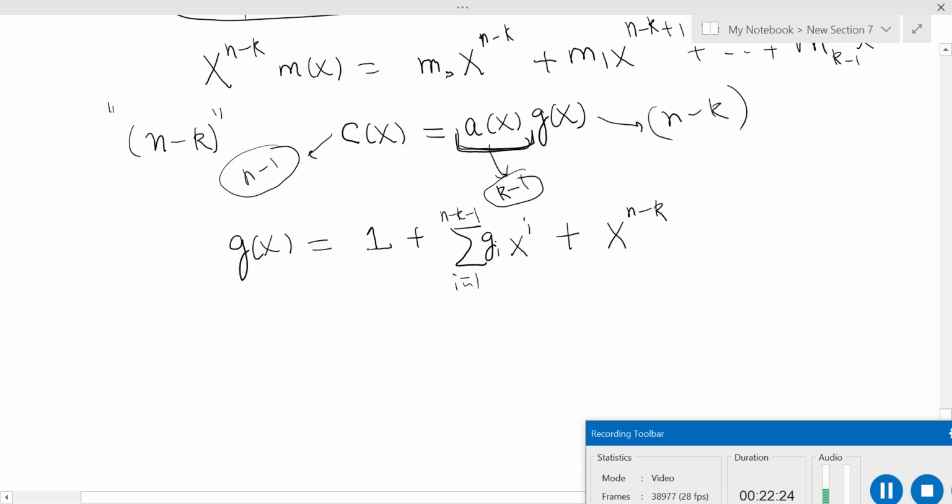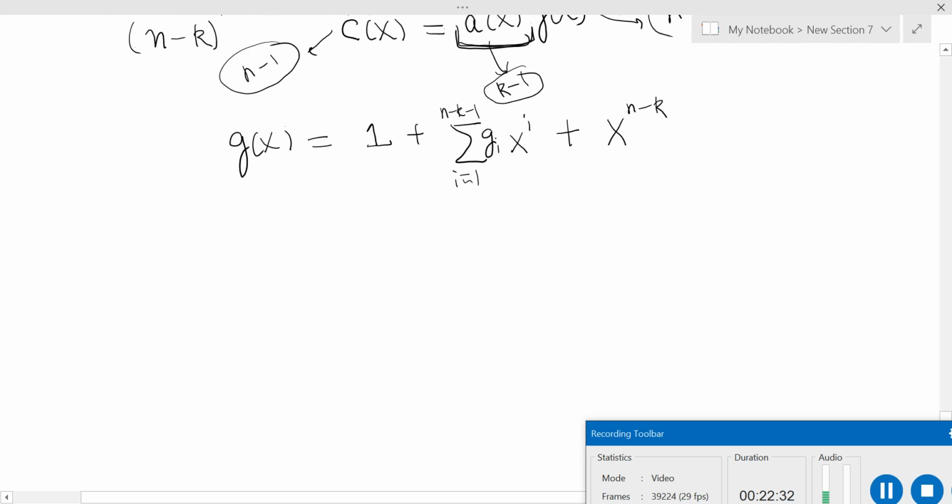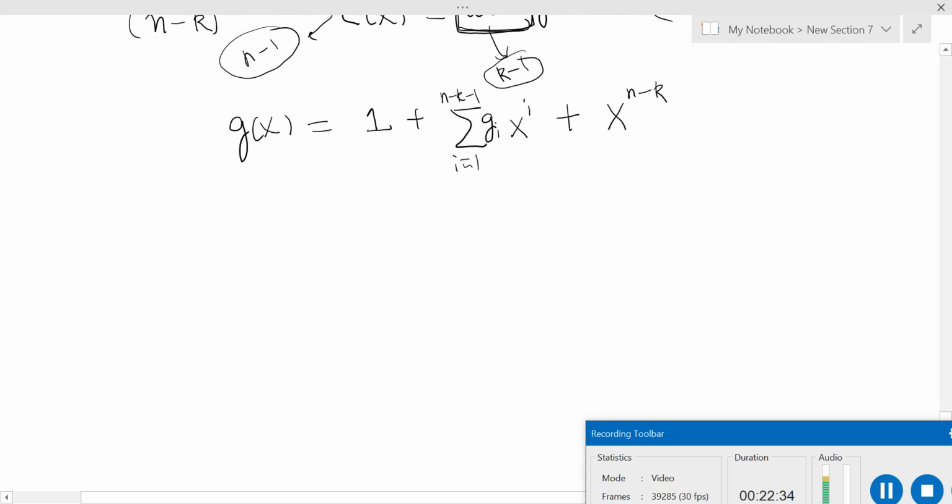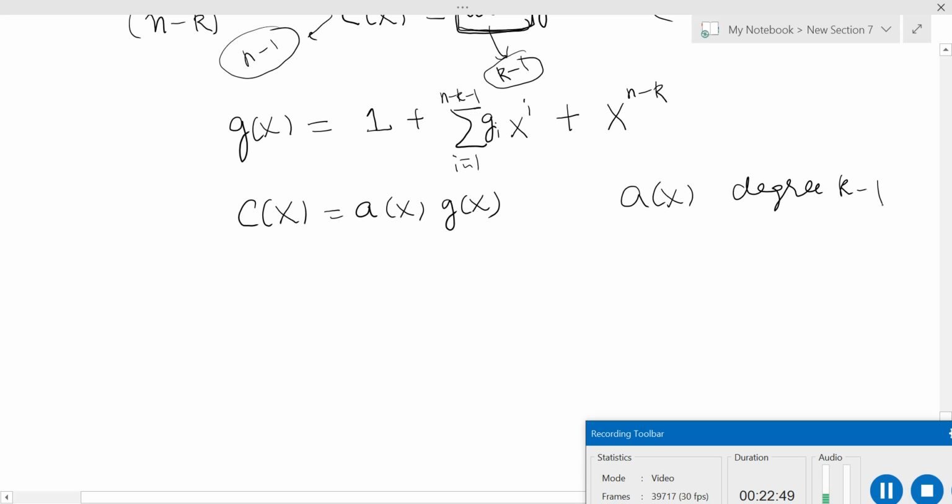So g i may be 0 or 1, depending upon the structure of the code. So this is your generator polynomial, and we will generate the code as c of x is equal to a of x g of x, where a of x is some polynomial with degree k minus 1.